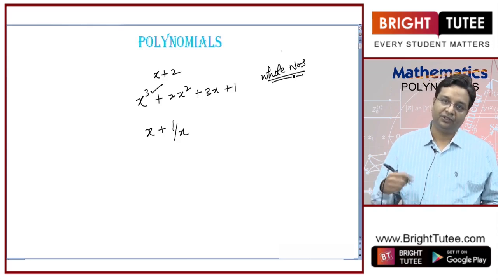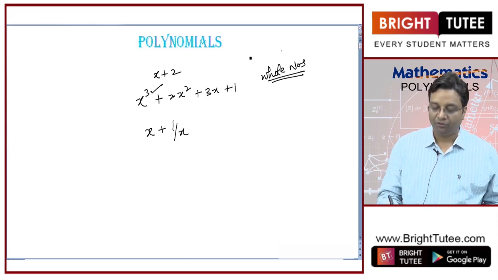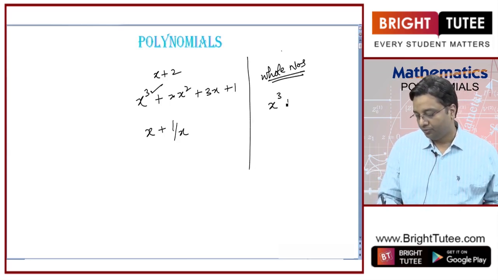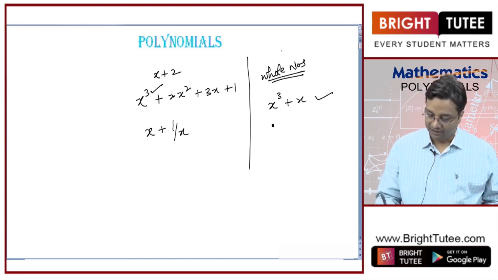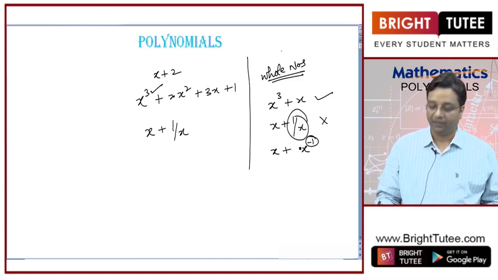So the powers of the variable that we are using should be in whole number for it to be a polynomial. For example, x cube plus x is a polynomial. Yes, x plus 1 by x is not a polynomial. Why? Because x plus 1 by x can be written as x raised to power minus 1, and minus 1 you know is not a whole number, so this is not a polynomial.